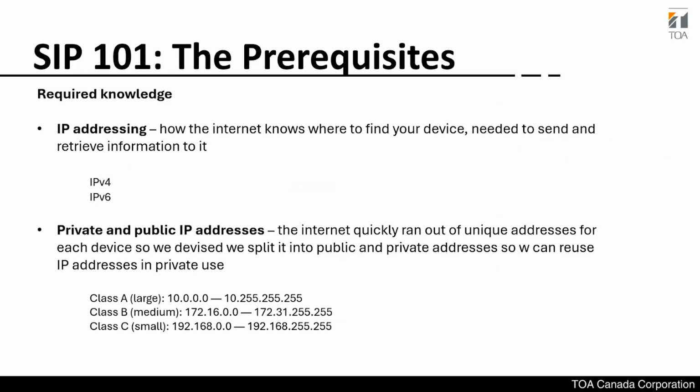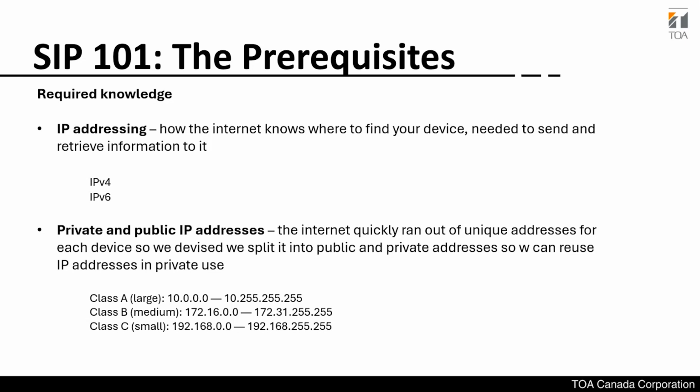So before explaining what SIP is, we need to know basic knowledge about the IP, Internet Protocol addressing, and how the Internet works. So here we just briefly touch this topic. In the beginning of the Internet, IP protocol version 4 was designed, and the maximum number of IP addresses allowed was around 4 billion.